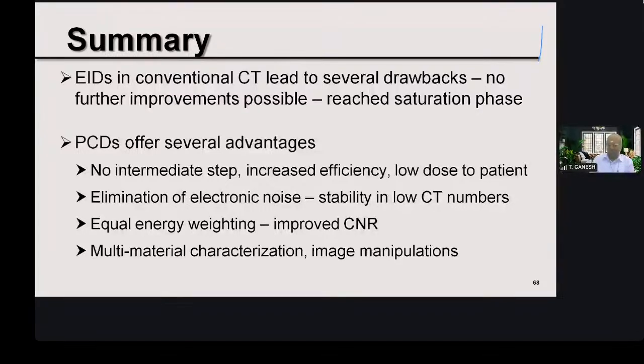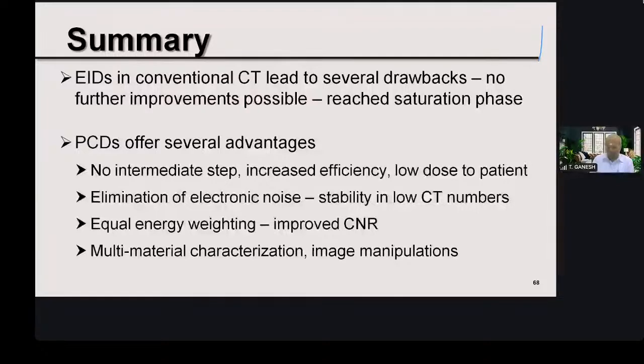PCDs, photon counting detectors, offer several advantages. There is no intermediate step. There is increased efficiency. There is very low dose to the patient. And we can completely eliminate the electronic noise, producing stability in the low CT numbers. And equal energy weighting. There's no more biased weightage.